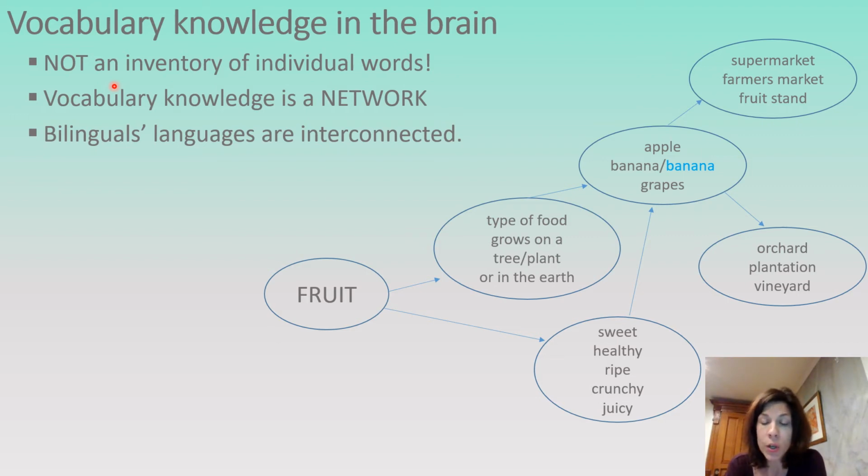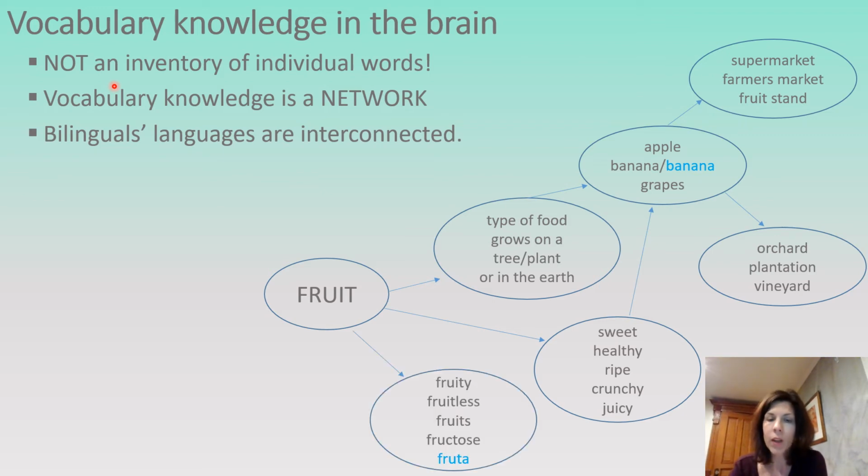You may also think of adjectives that describe how fruit tastes. Words like sweet and healthy and ripe and crunchy and juicy. Okay, so those are also connections that you can make lexically to the word fruit. You're also going to make some morphological connections to the word fruit.